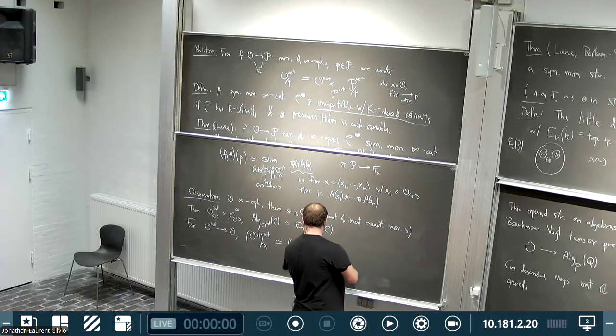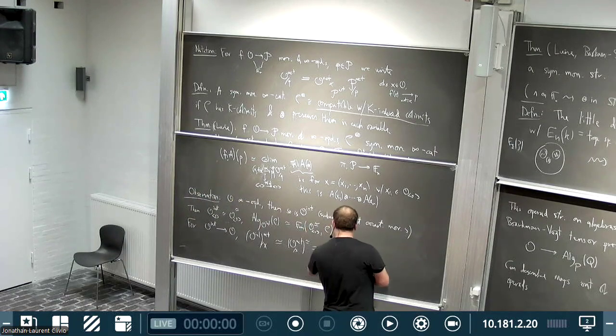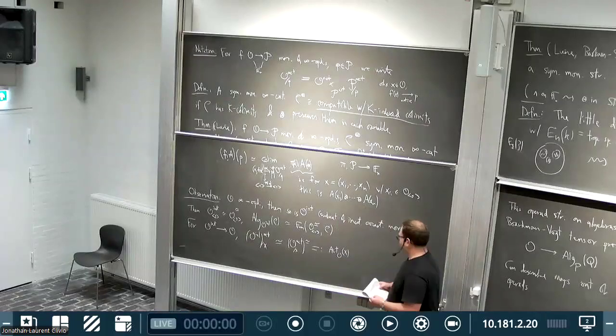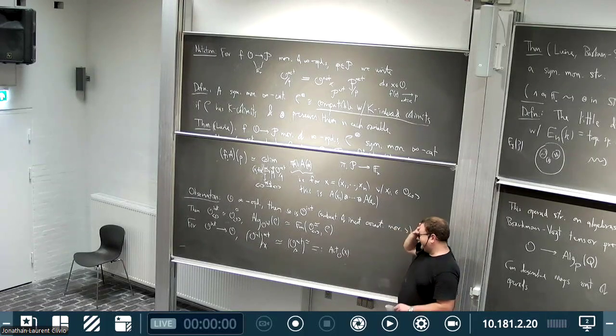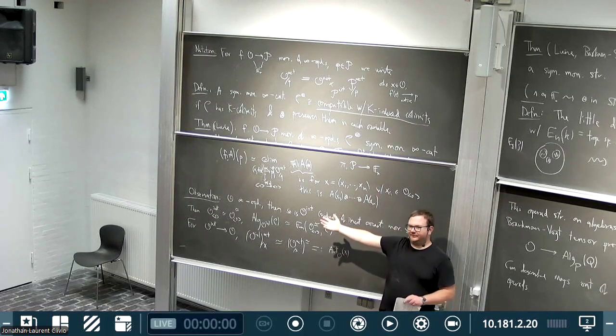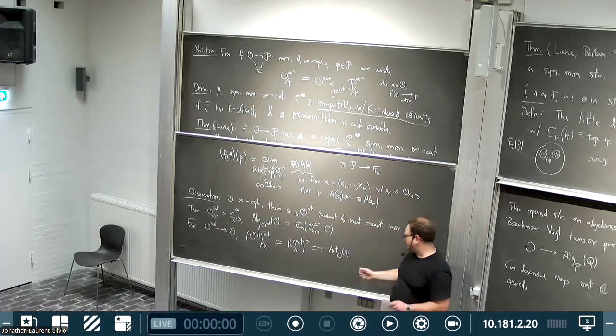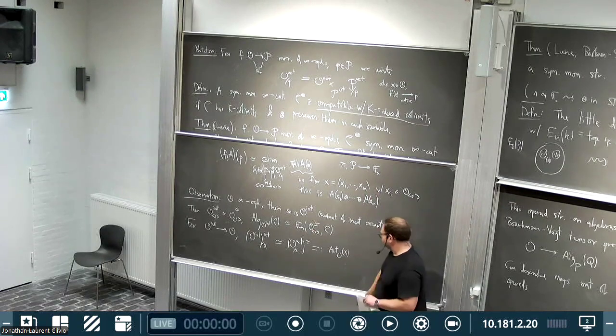For convenience, I'll write that as the groupoid Act O of X, the space of active morphisms to X in O, so the space of all multimorphisms in the operad that map to X, if X is a color.